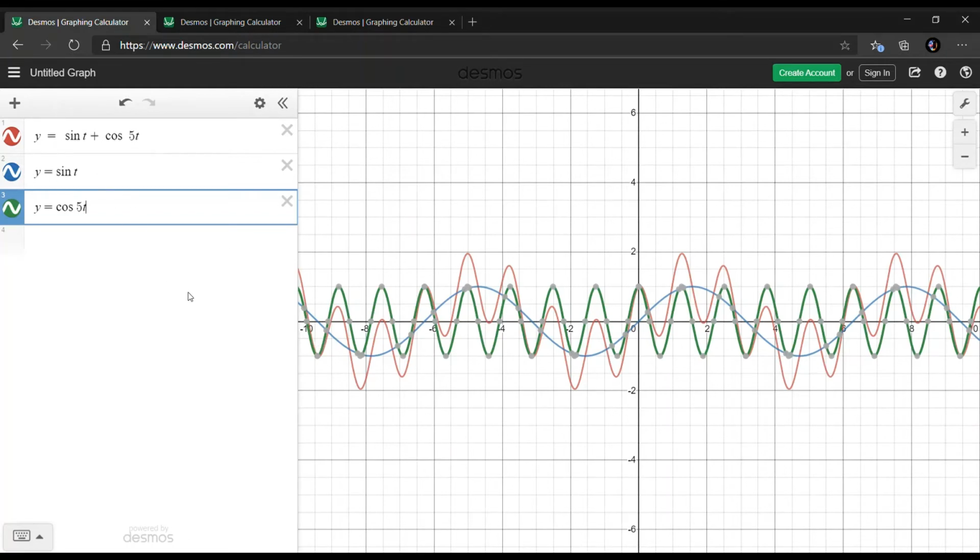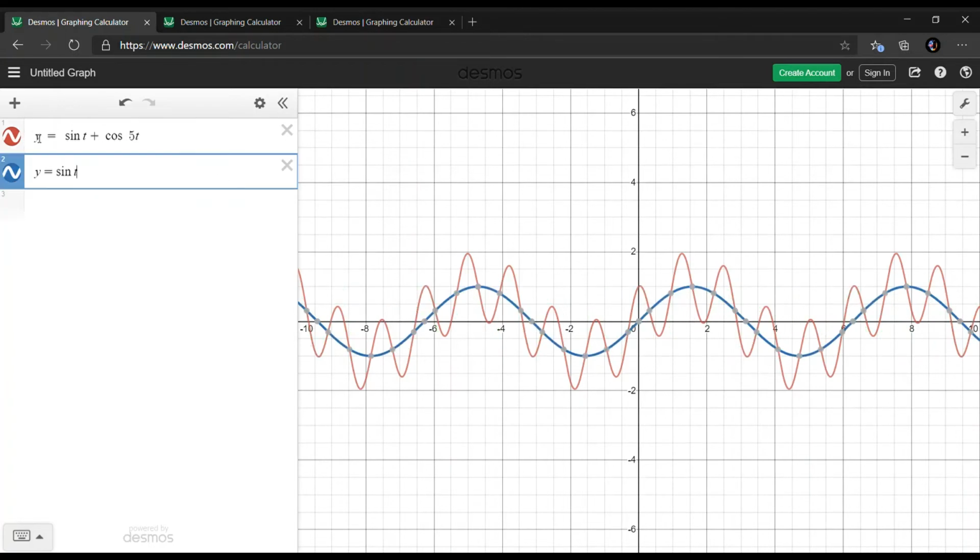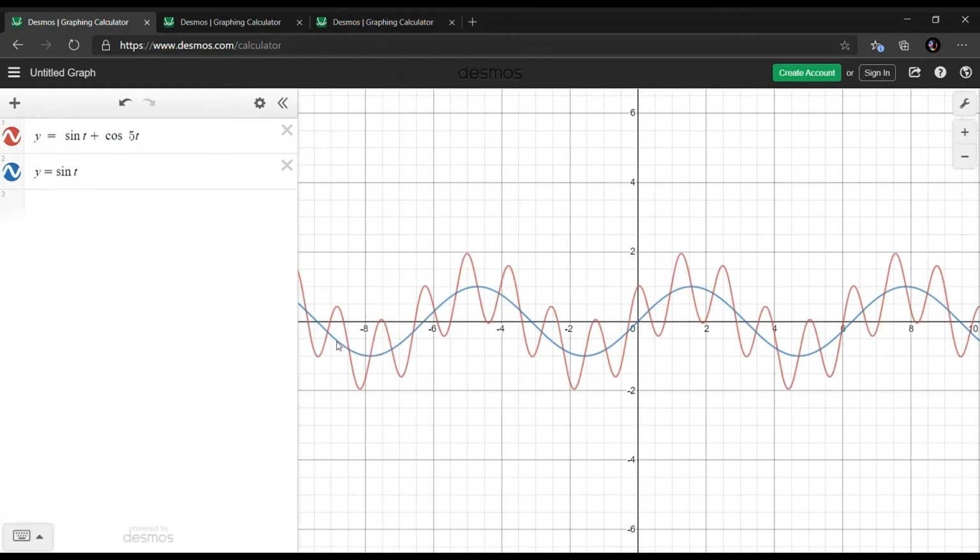If you will. All the middle points of the cos 5t graph, the green color graph, are attached to the corresponding sine wave, and that gives us the final graph. So as you can observe over here, the midpoints of the cos 5t wave have been attached to the sine wave.